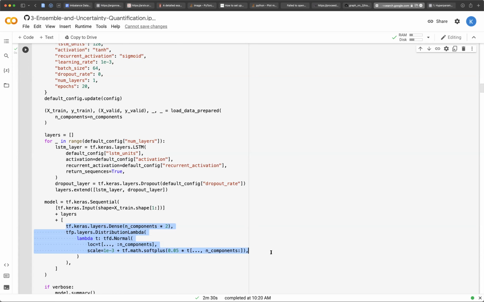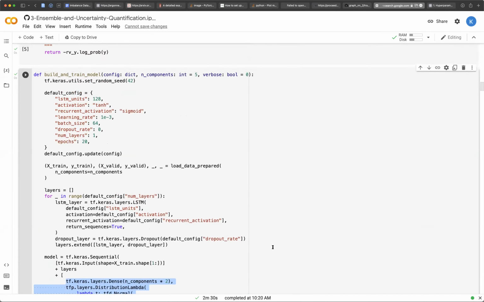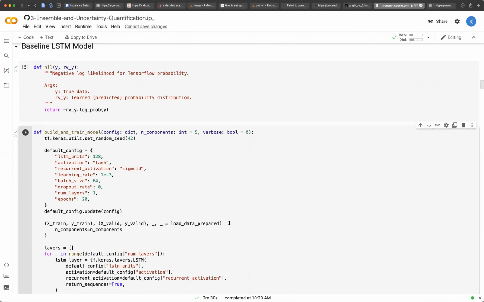Before, the prediction was directly compared to the ground truth, and we were minimizing the mean square error. But now we are going to work in terms of probabilities. Therefore, we have a mean and standard deviation prediction, and the loss function that we are going to use will be negative log likelihood instead of the standard mean square error.